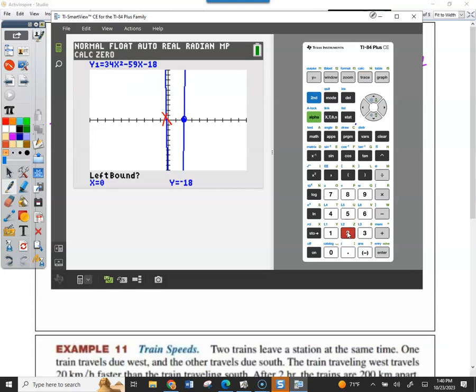Find your cursor. Right now my cursor's at 0, negative 18, so it's sitting down here on the y-axis, so I'm going to go to the right with it. I can see it's climbing further down. Oh, now it's going closer. There it is. You need a left bound, a right bound, and a guess.